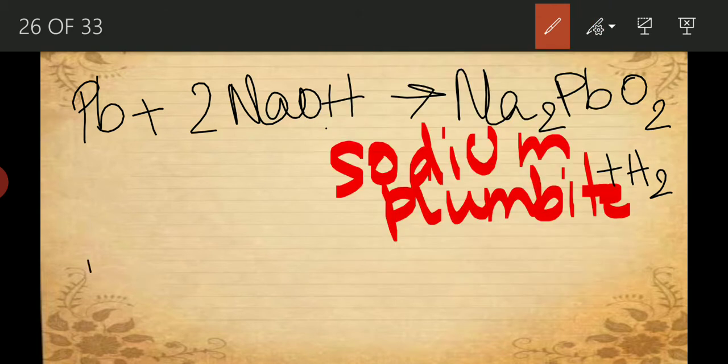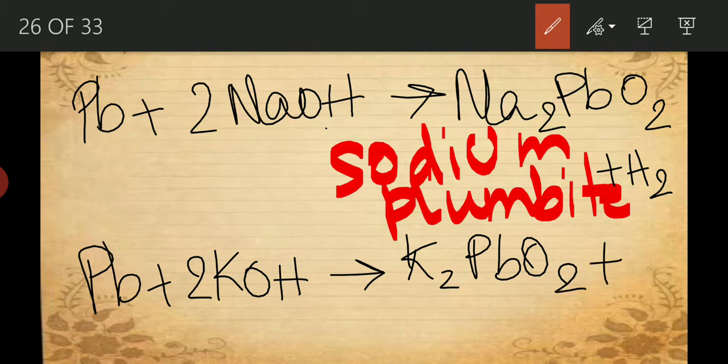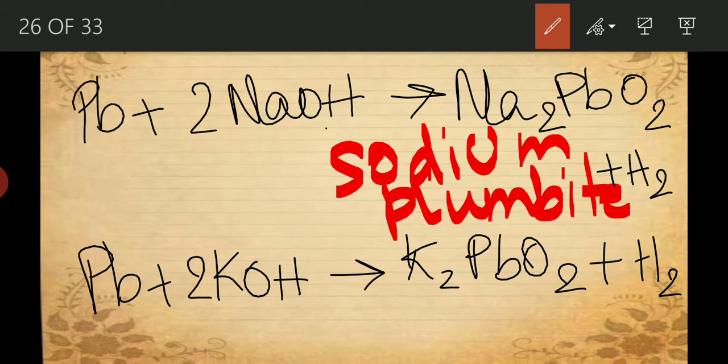And when lead reacts with hot concentrated potassium hydroxide, KOH, then it forms K2PbO2, the corresponding salt, and hydrogen. This corresponding salt is potassium plumbite.